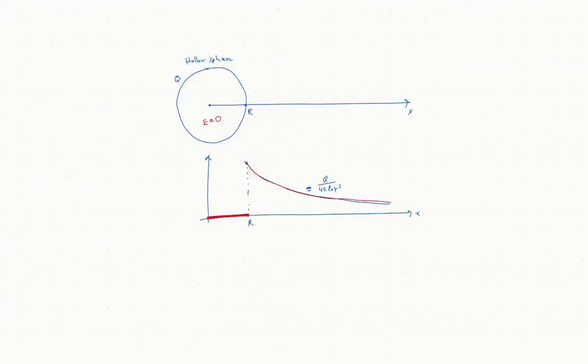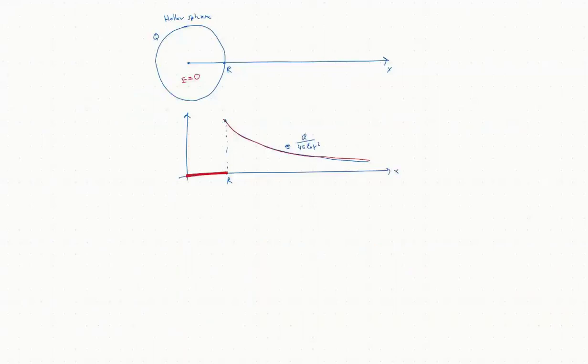Now, if you take a solid sphere which is charged, it has to be a non-conducting sphere, because if it's a conducting sphere, all the charges would move to the edges.